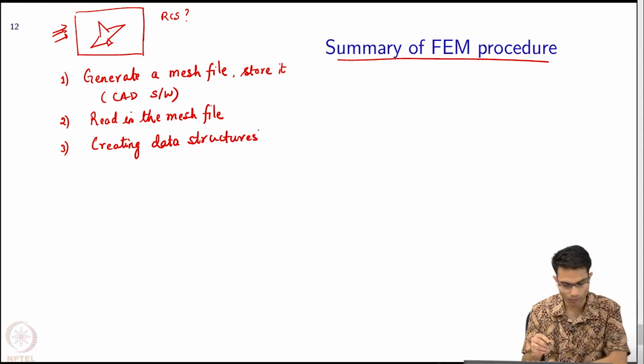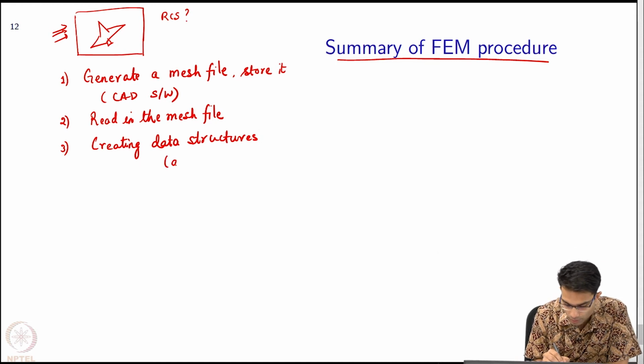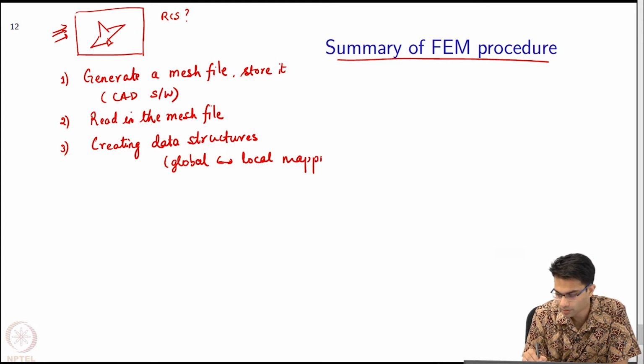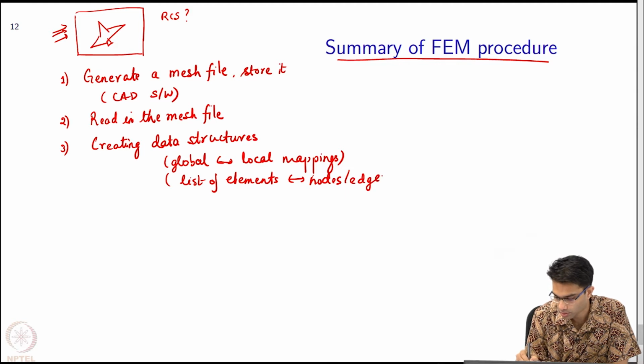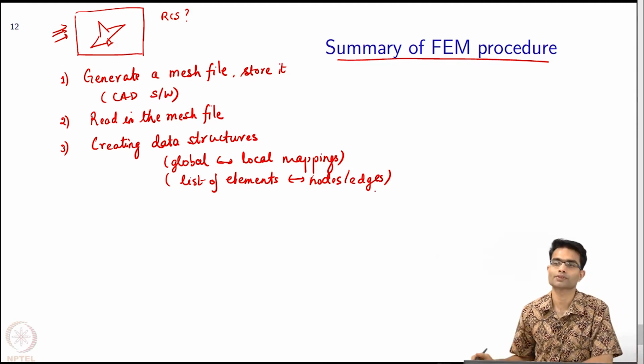This has all of the global to local mappings, the list of elements to nodes, edges. You have to create all of these, right.